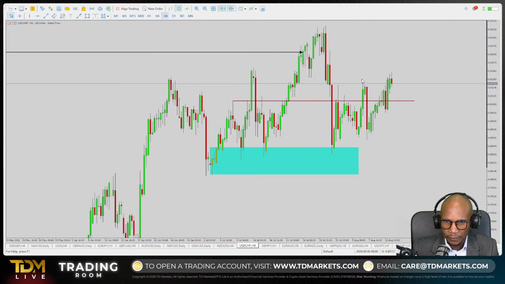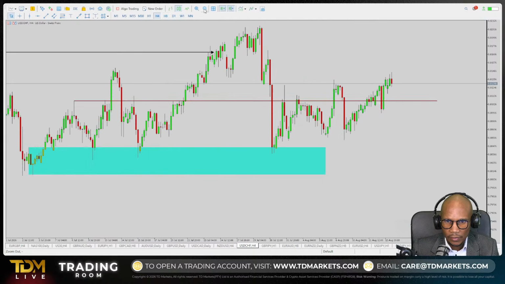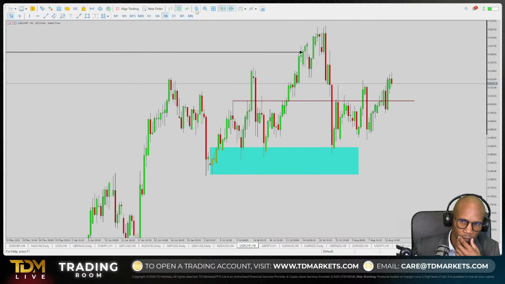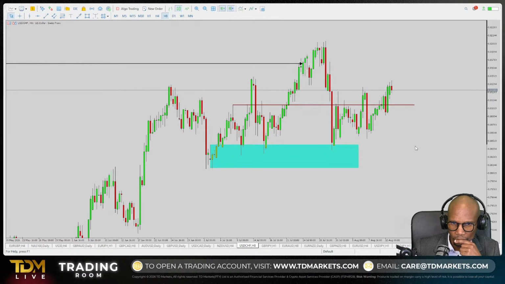And yeah, it's not giving me much at the moment. The structure is bullish for sure. The structure is still bullish.